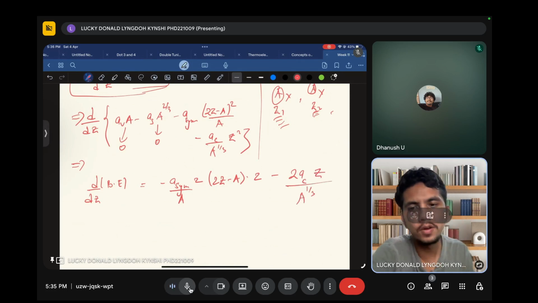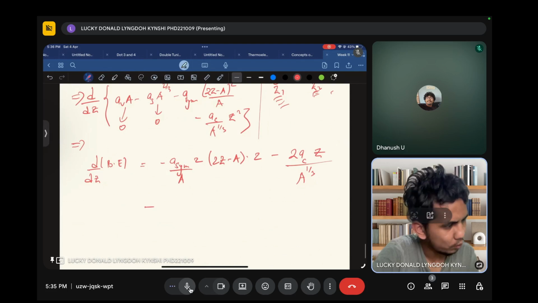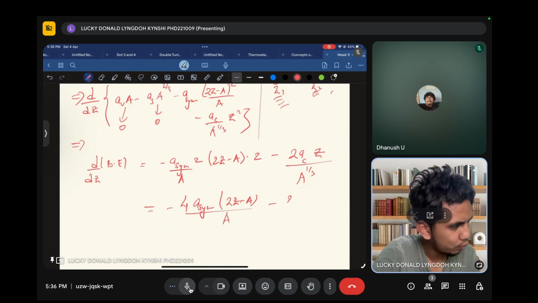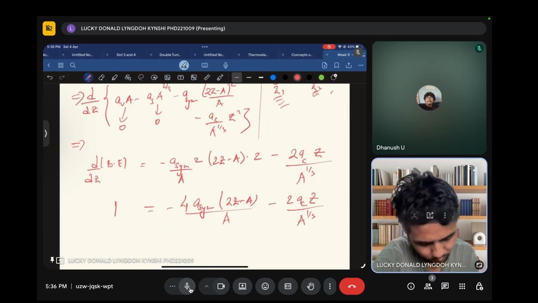Here I have just differentiated the equation with respect to Z. Then you can simplify this to a asymmetry times (2Z minus A) divided by A, minus 2 a c Z divided by A to the power 1 by 3. So this is dB by dZ of the binding energy.